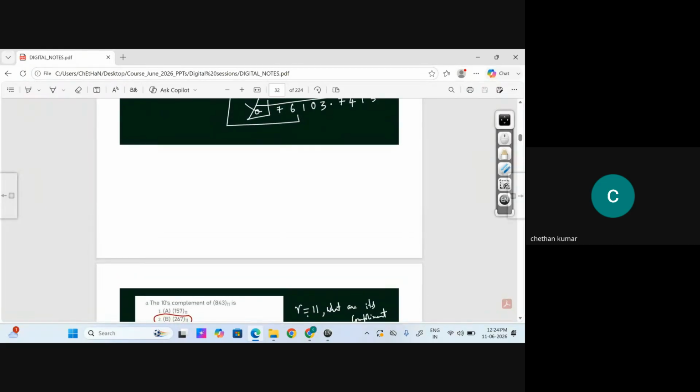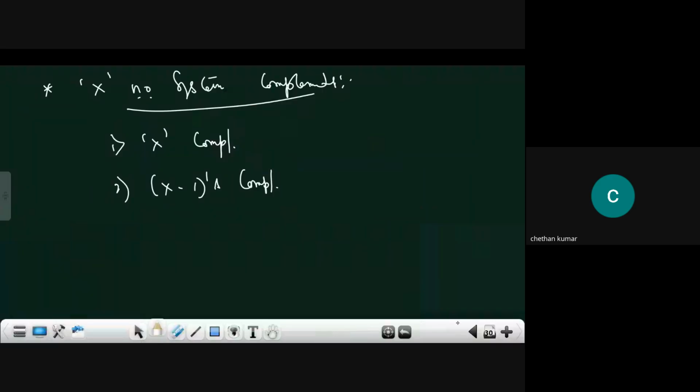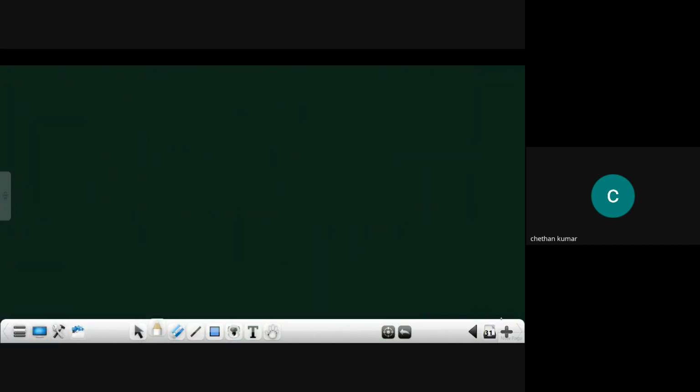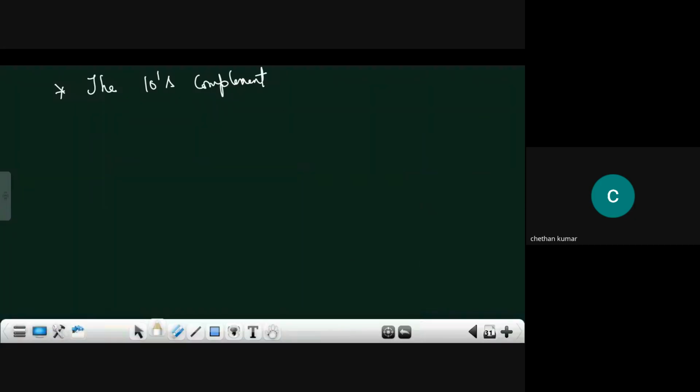Okay. Take this example. The tens complement of 843 with the base of 11.